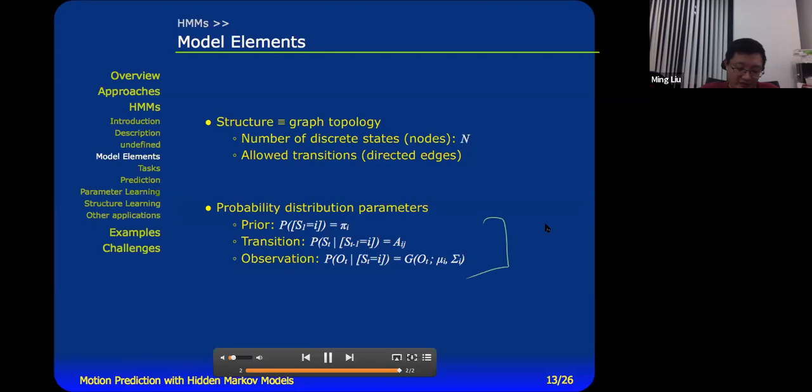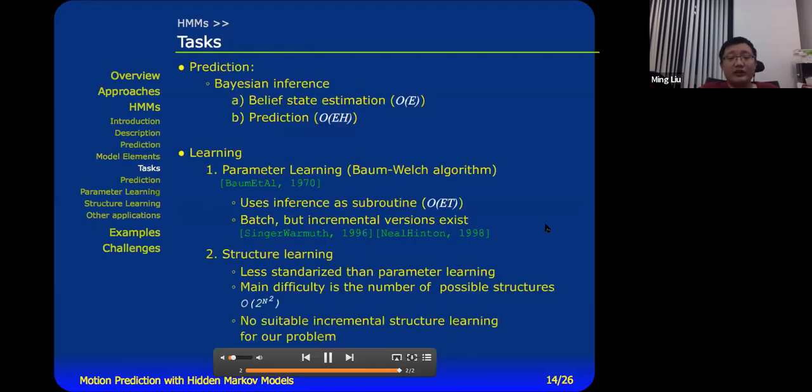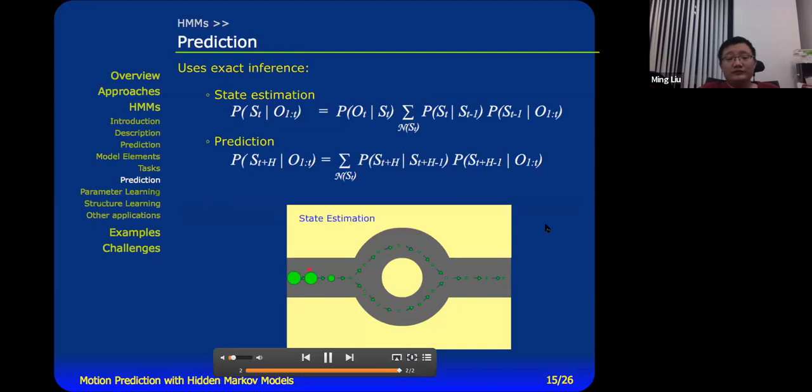The parameters also come from the definition of the HMM. Then the rest is easy. It's just the solution, or the inference, over the HMM.